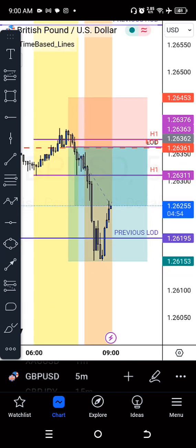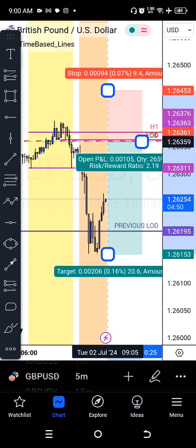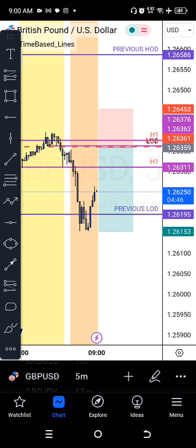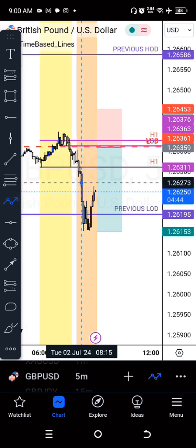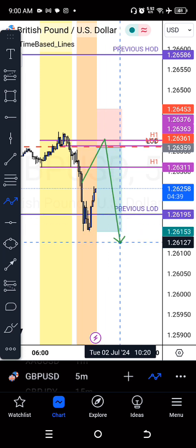Now I'll be looking for the order to activate my sell limit in order for me to sell this market. So I'll be looking for something like this.